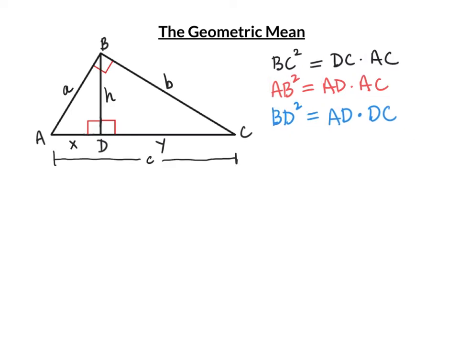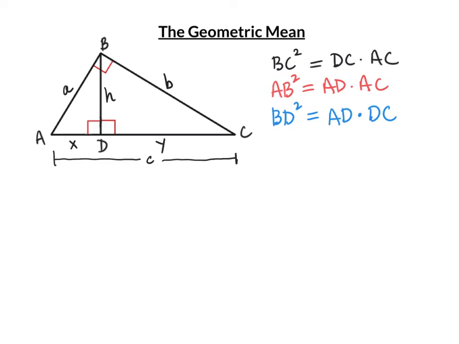To make this a little bit easier to work with, I put some lowercase letters in there to represent the lengths of each of those segments. So AB is little a, BC is little b, AD is x, DC is y, I'm calling BD h, and AC, the whole hypotenuse of the big triangle, I'm calling little c.